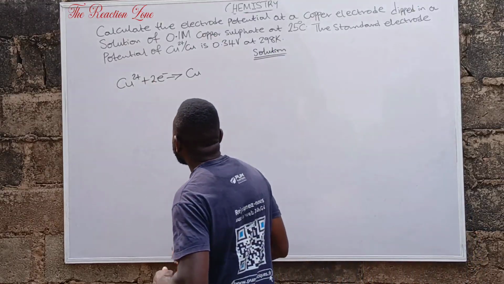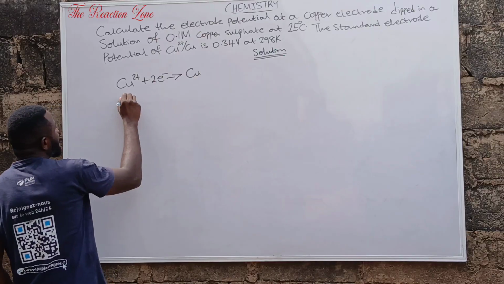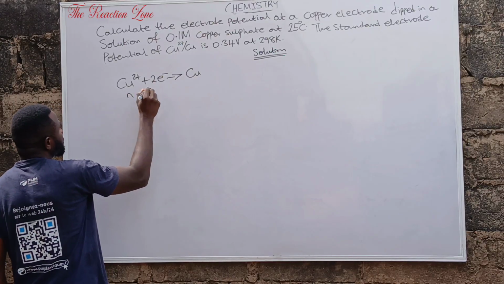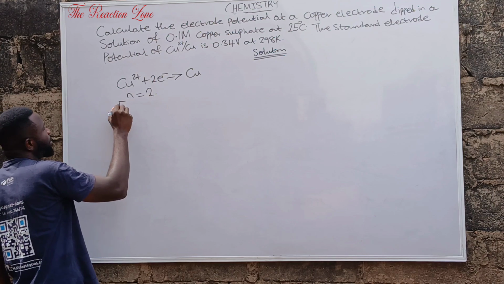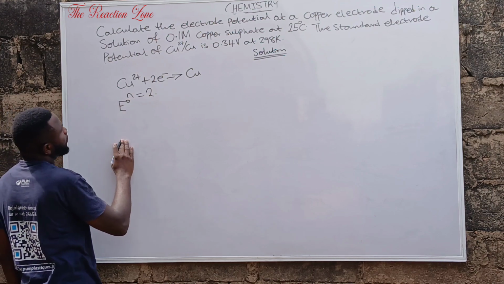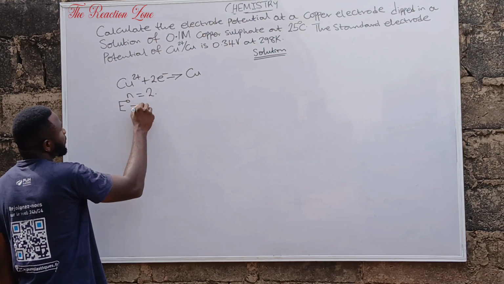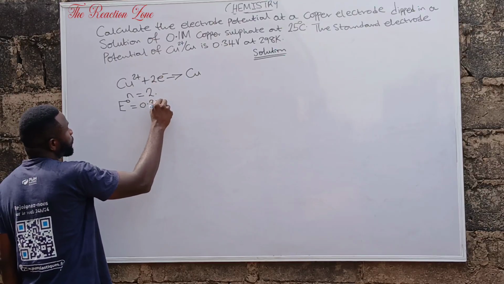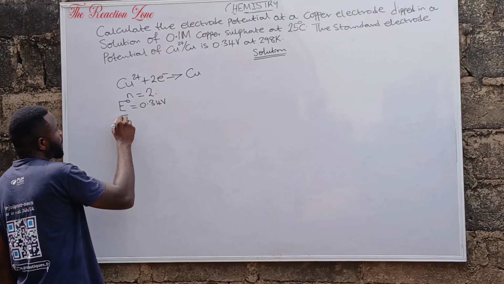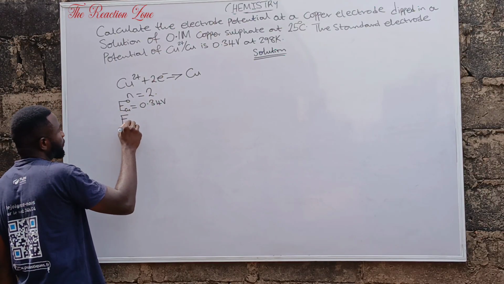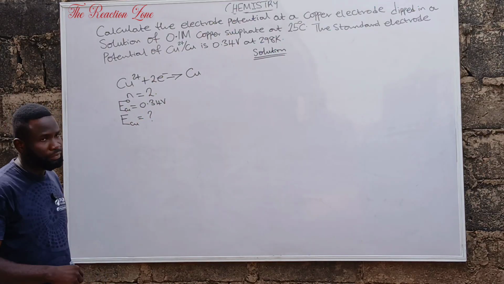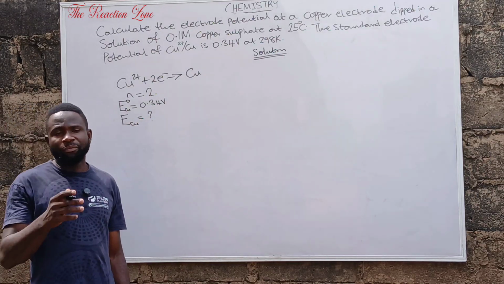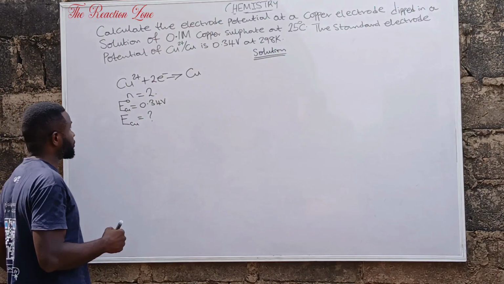So, the next thing to also note is that the number of electrons in this case is 2. And we've been given the standard reduction potential to be 0.34 volts. And we're told to find the electrode potential of the copper electrode. So, it is important for us to remember the formula to use.